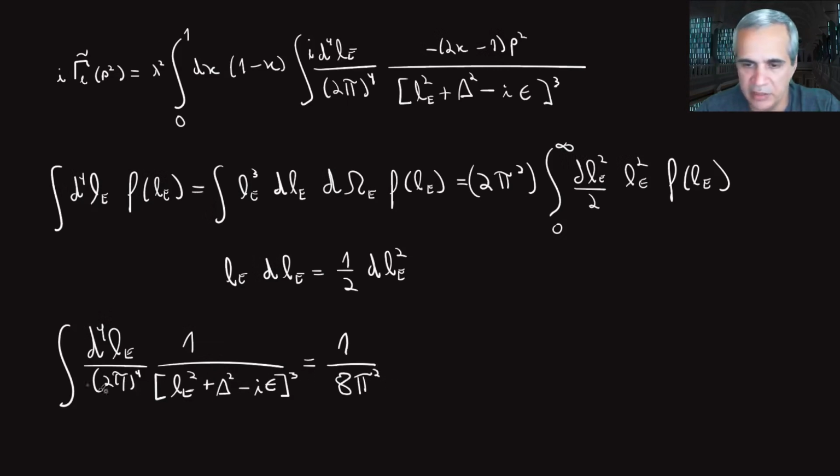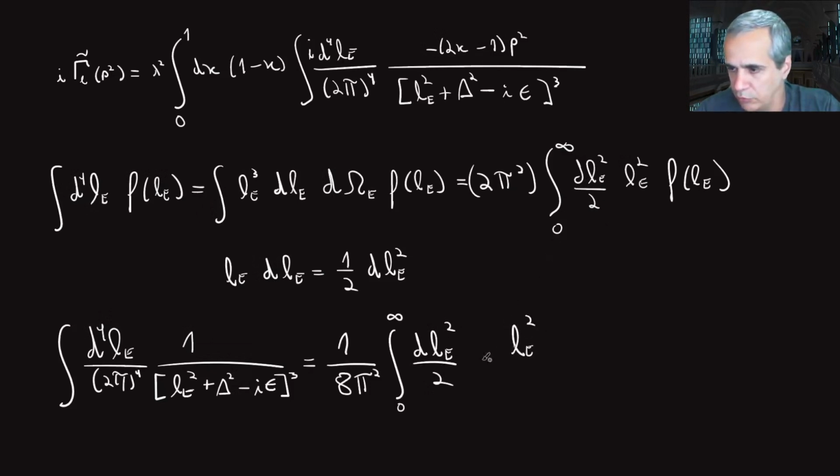So I already did a cancellation between this term here and this one, right? And the integral from 0 to infinity of dL_E squared over 2, right, taken from here, times L_E squared over this guy.